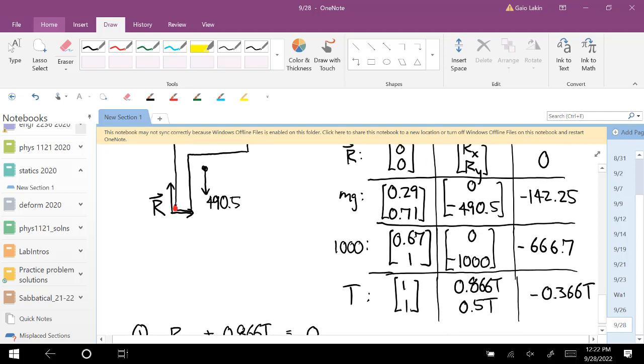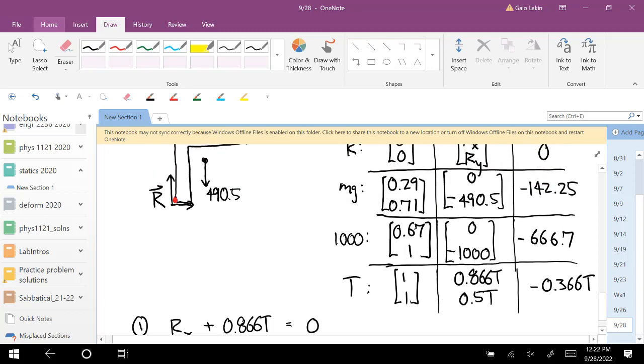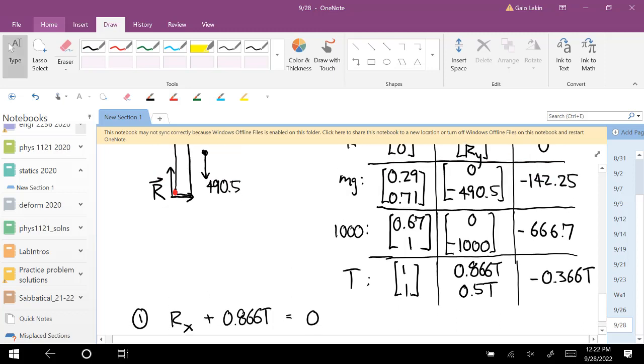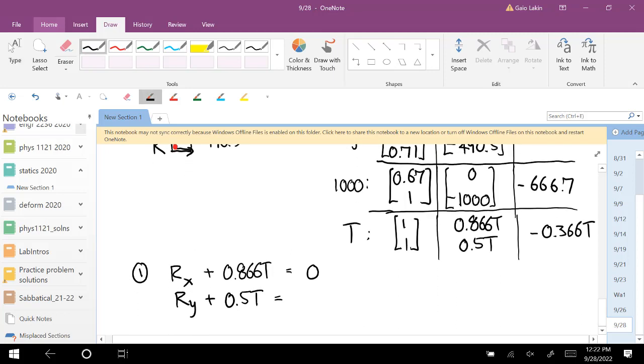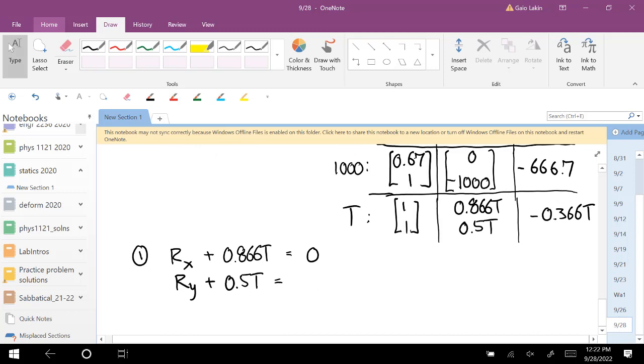Our y equation says Ry plus 0.5 T minus 1,490.5, but move that over to the other side, so it's equal to 1,490.5.